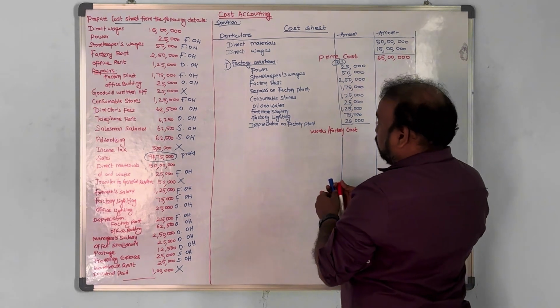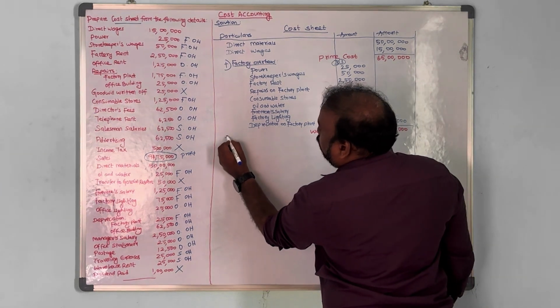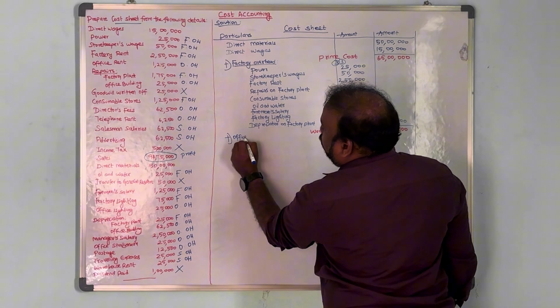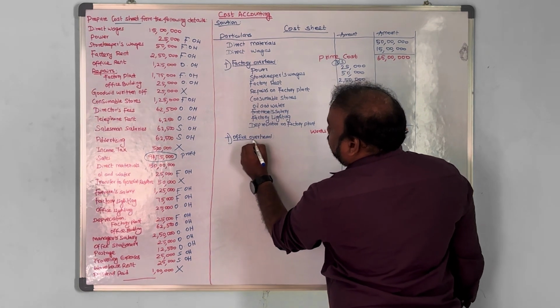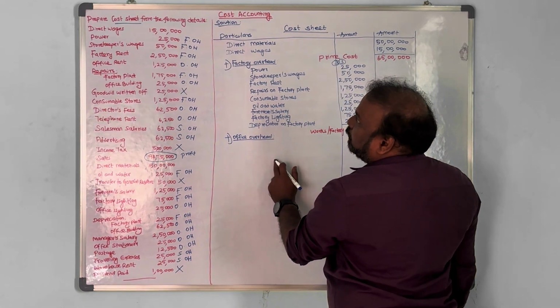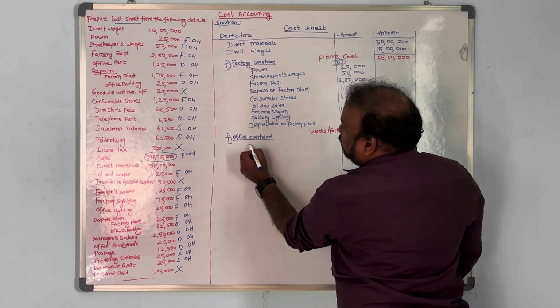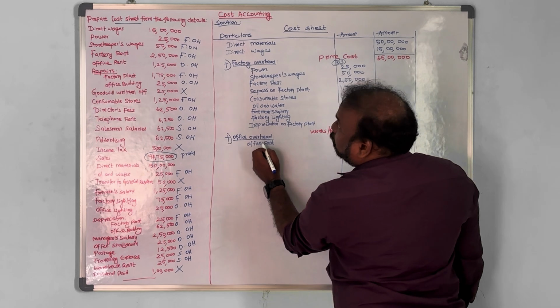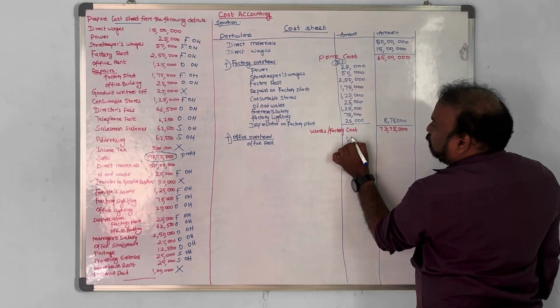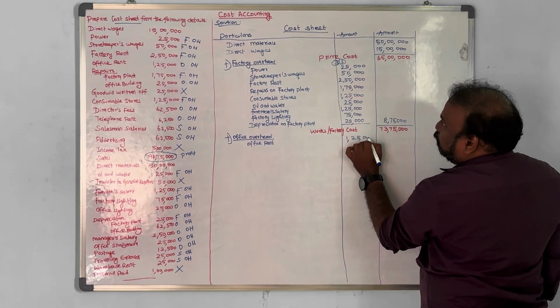Then we have to add office overhead. All the expenses related to the office should be brought here. So office rent 1,25,000.